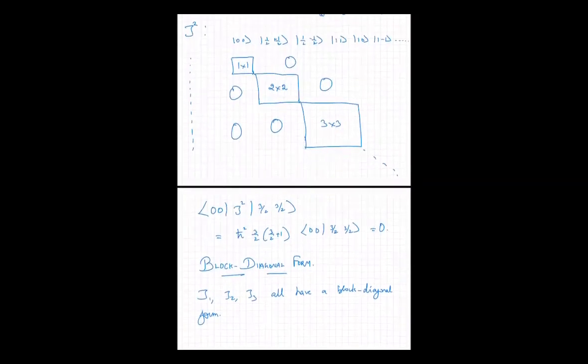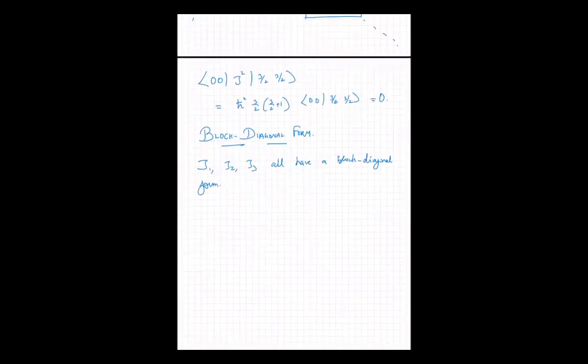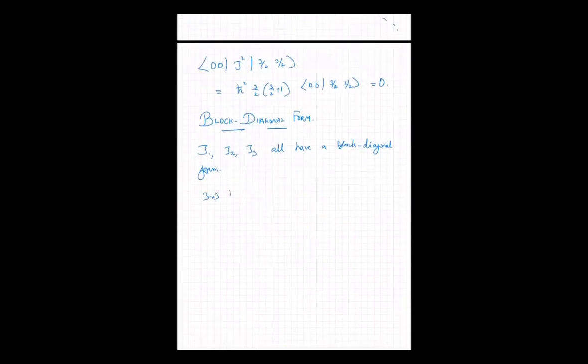For example, in the J square case, let us look at the 2 by 2 block. The J square 2 by 2 block is going to be something times 1, 0, 0, 1. The J3 2 by 2 block is going to be something times 1, 0, 0, minus 1.